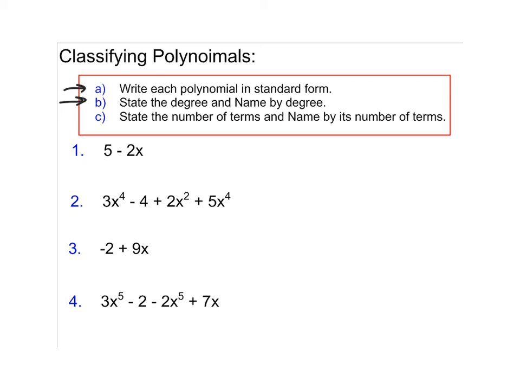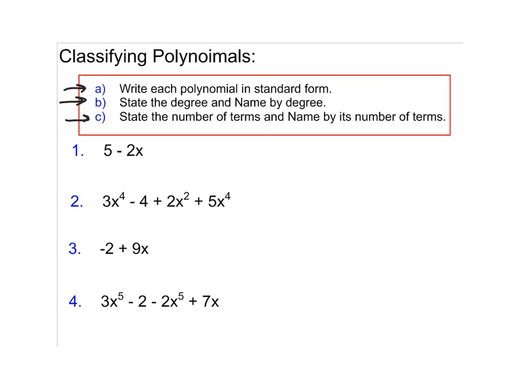Degree 4 would be 4th degree polynomial, and 5th degree polynomial would come after that. You can also state the number of terms and name it by the number of terms: one term is a monomial, then a binomial, a trinomial, and after that it becomes polynomial. So please pause the video, fill in the rest of the table, and when you're ready, come back.